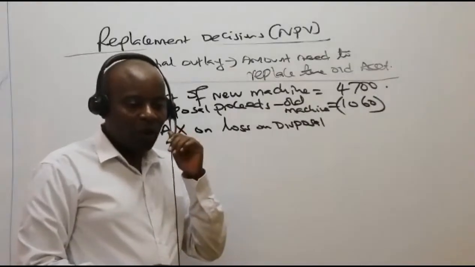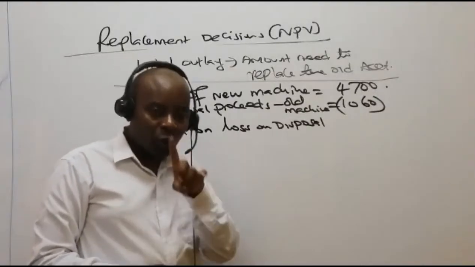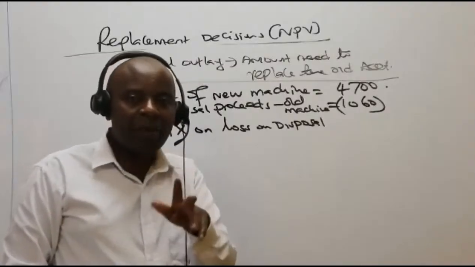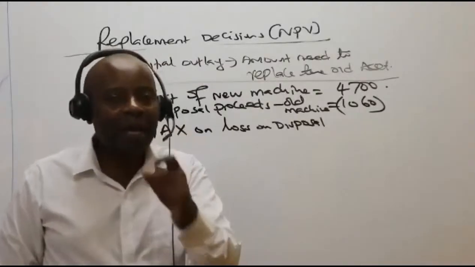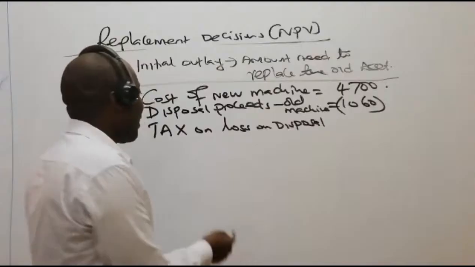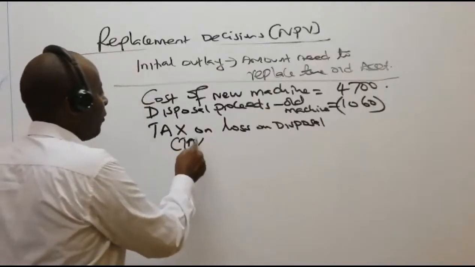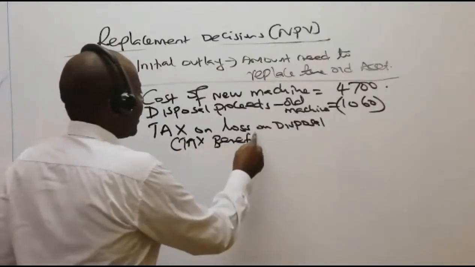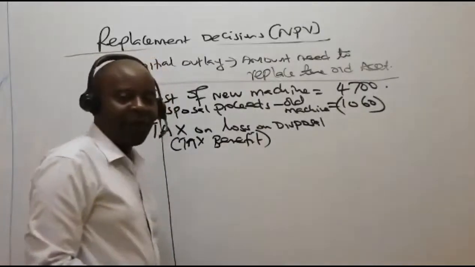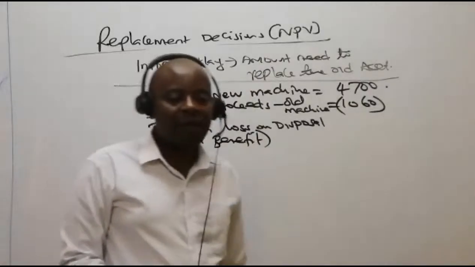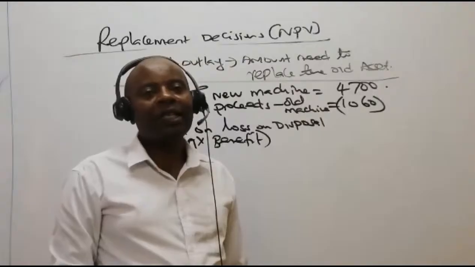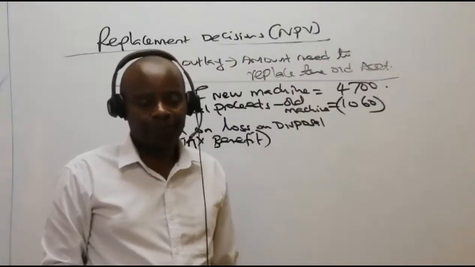Whenever you make a loss on disposal, straight away, the taxman will give you a benefit. So this is a tax benefit. A tax benefit is an inflow. The loss on disposal, the taxman will allow you to claim that amount almost immediately.